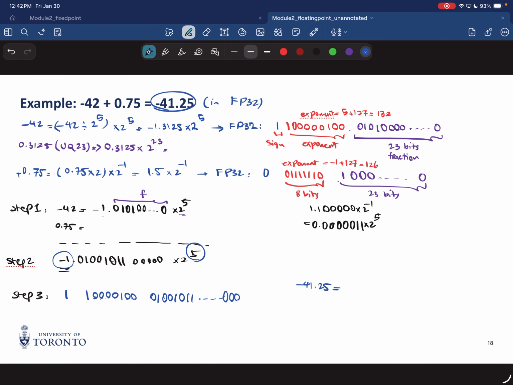So what I had was this one, right? I'm shifting it. 1, 0, 0, 0, 0, 0, 1. But is that correct? Shouldn't it shift 6 times? I feel like it should shift 6.